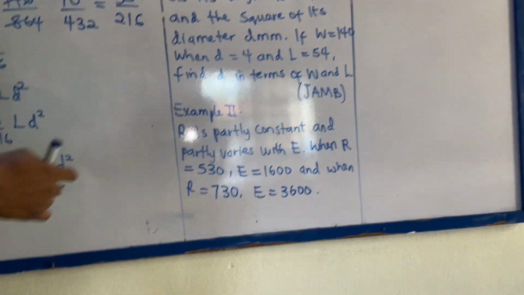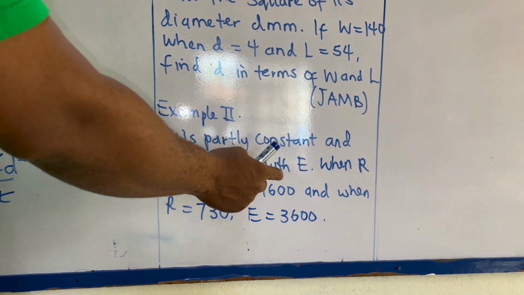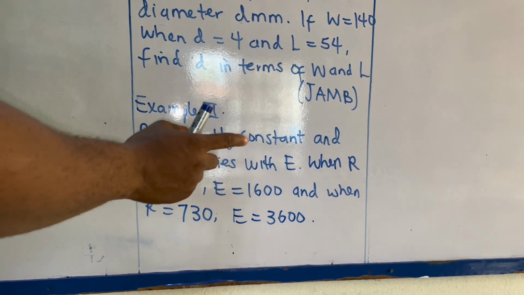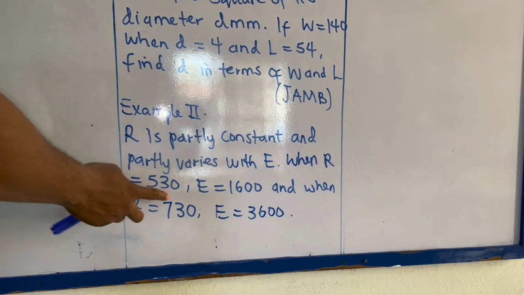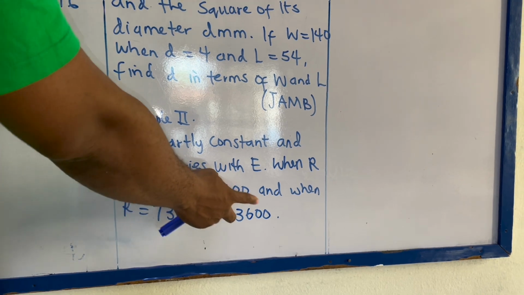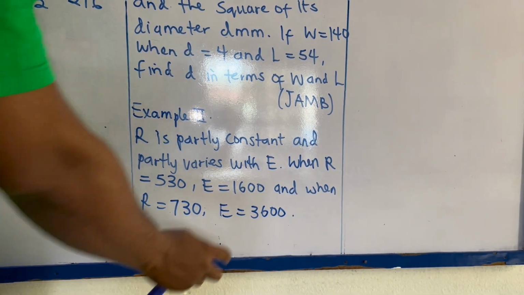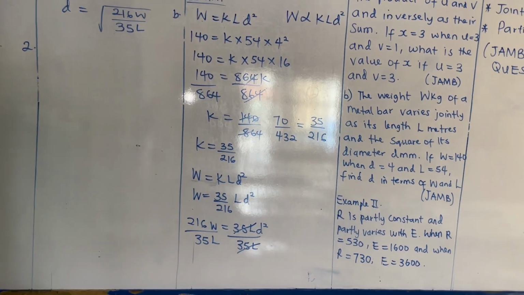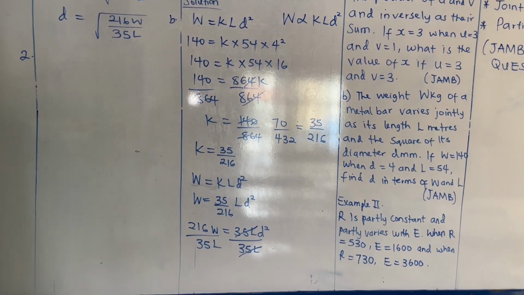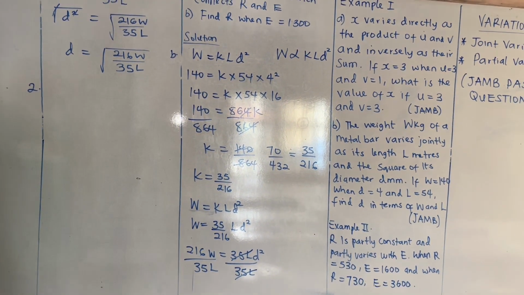For example 2, R is partly constant and partly varies with E. When R is equals to 530, E is 1600, and when R is equals to 730, E equals to 3600. We have to find the formula which connects R and E, and also find R when E is equals to 1300.